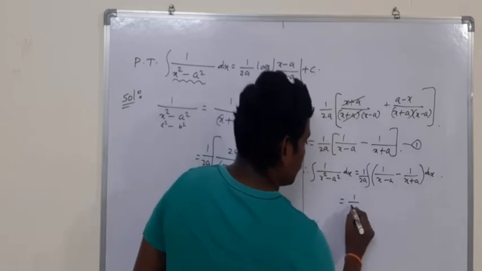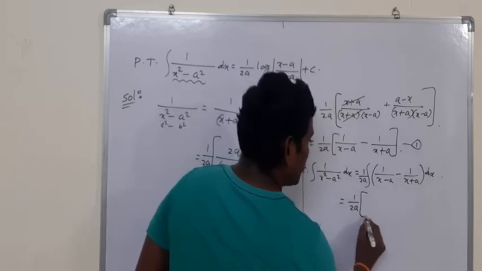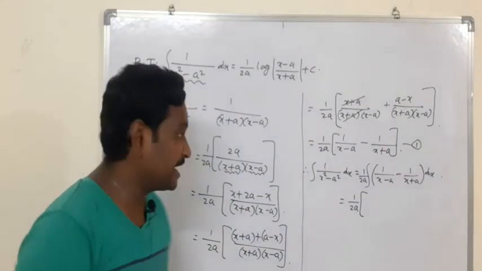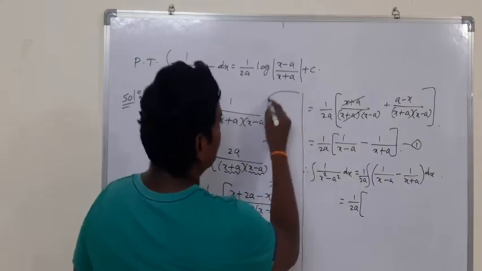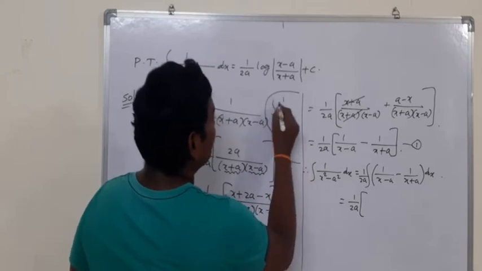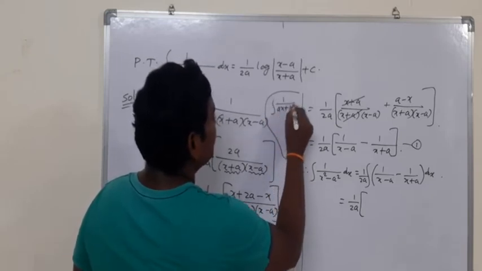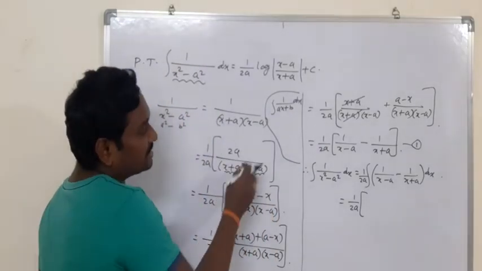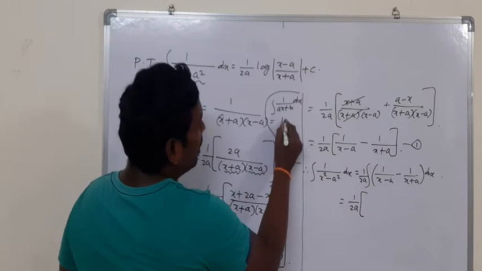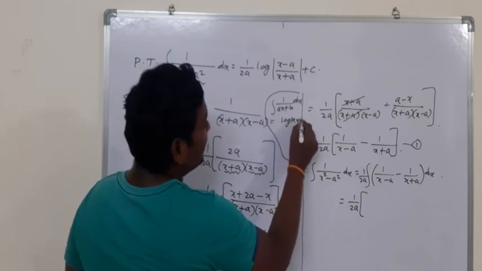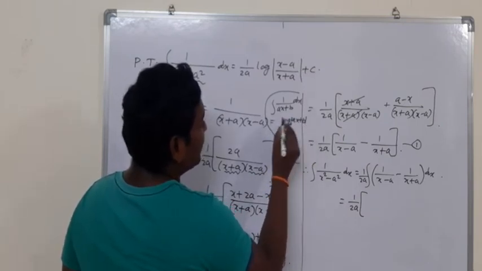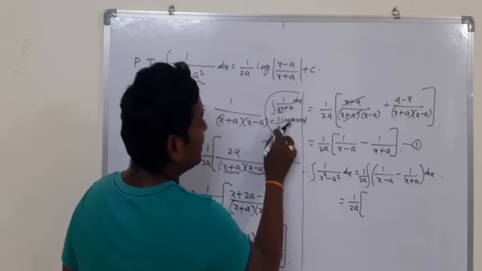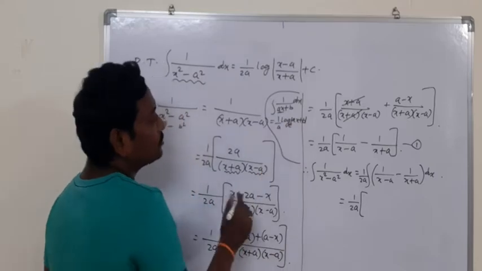This is equal to 1 by 2a into, what is the integration of 1 by x minus a? It is in the form of integration of 1 by ax plus b. In the previous session we already discussed this formula: log mod ax plus b to the base e, but the x coefficient should be written in the denominator. 1 by a log mod ax plus b to the base e plus c.